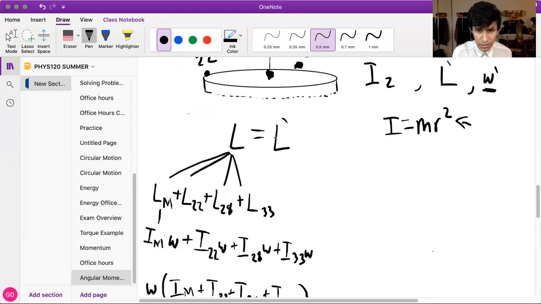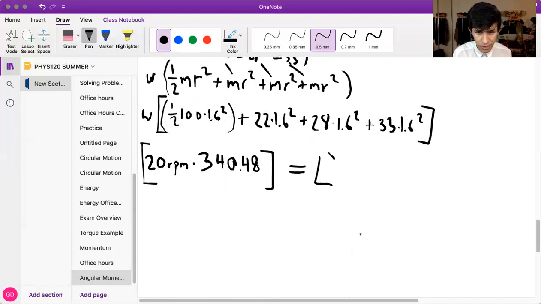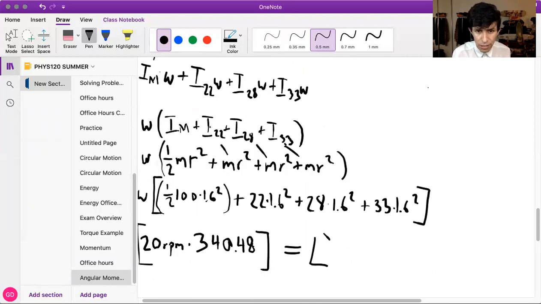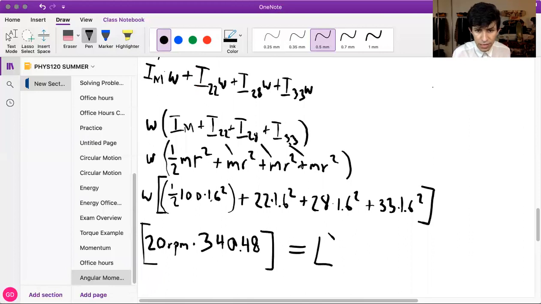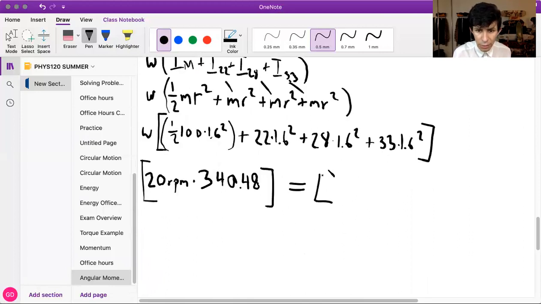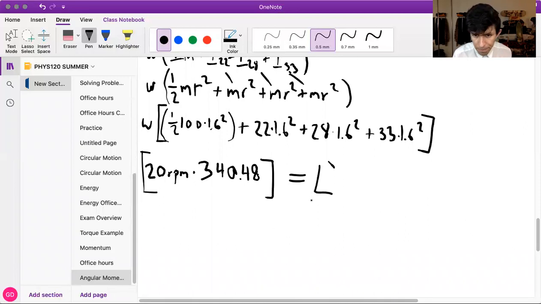We just calculated this side. Now we have this other side to do. Likewise, we're gonna have 4 objects. I'm gonna skip this first part and go straight into the second one where I pull out the omega. So we know angular momentum, I'm just confusing everything now, is moment of inertia times omega, and this is the total.